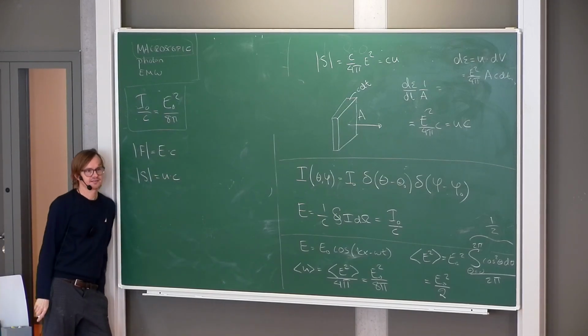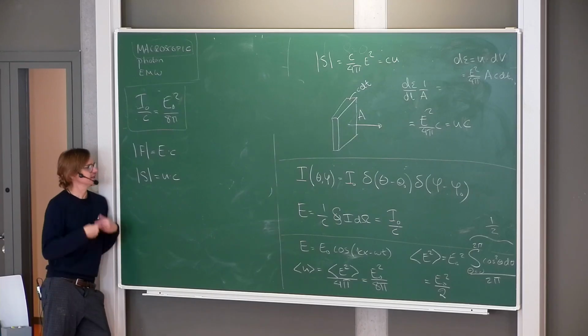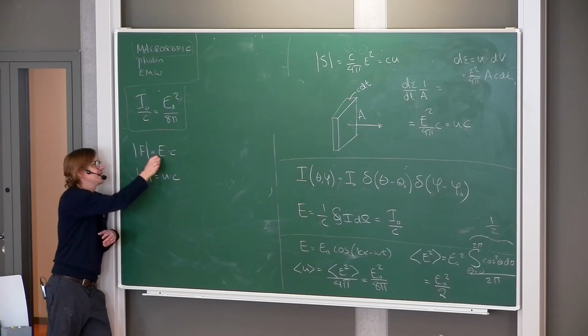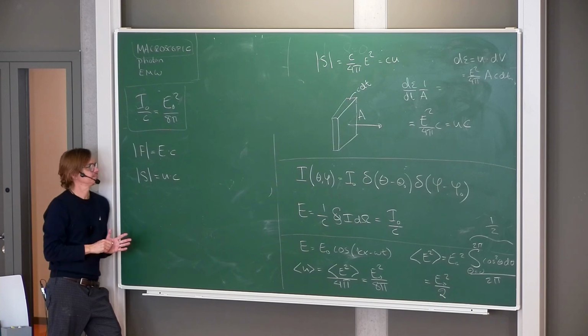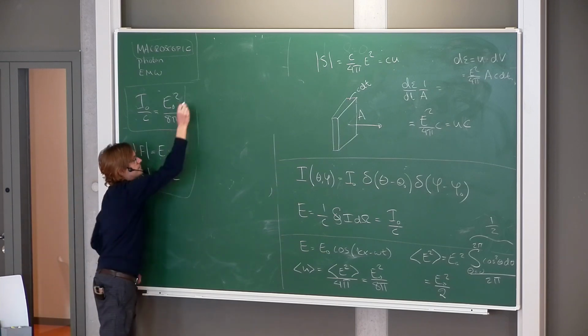So again, in the streaming limit, we get this relation between the energy density, the speed, and the flux magnitude. All right, so now we have that.